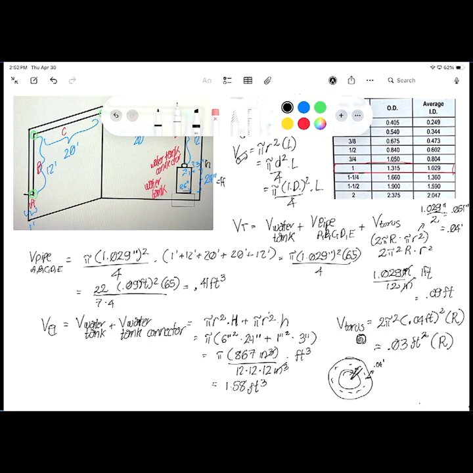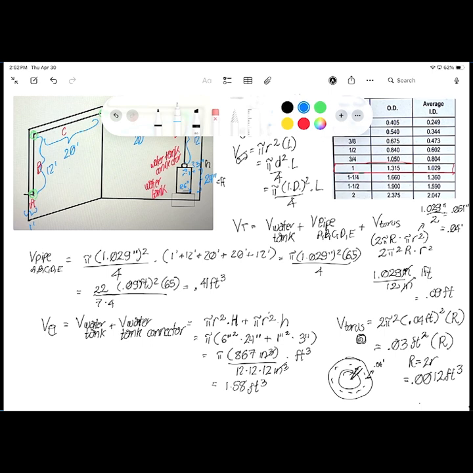So we're going to say that R equals r, just to make that assumption. And so 0.03 times 0.04 equals 0.0012 feet cubed.